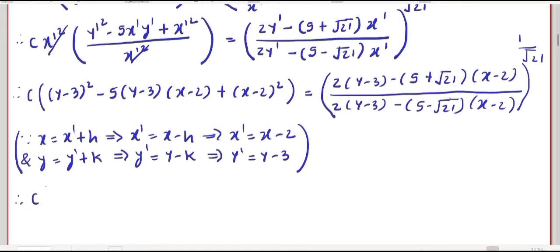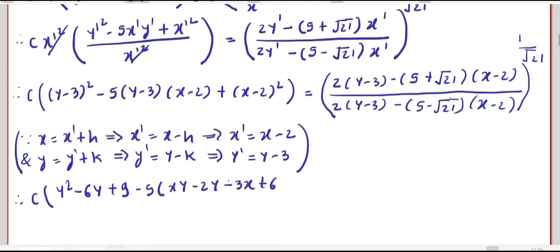So therefore c into, now taking the square of this, we get y square minus 6y plus 9, minus 5 into, now multiplying y minus 3 to the bracket x minus 2, we get xy minus 2y minus 3x plus 6, plus, now taking the square of this, x square minus 4x plus 4.